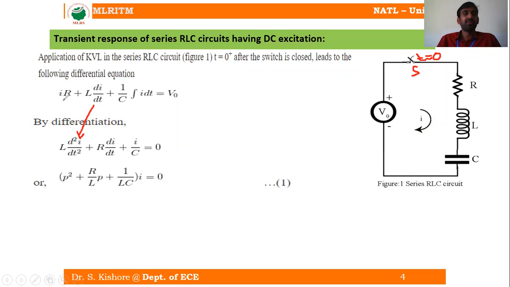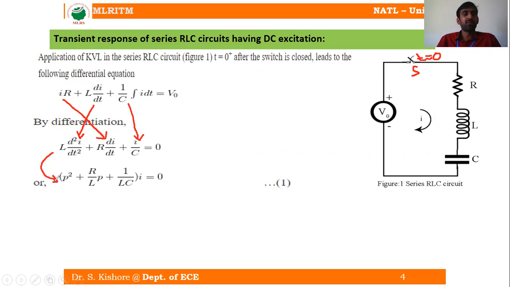Similarly, we have R into I, where R is the constant, so we are going to have R di by dt. Plus, the derivative of the integral of I dt is I, so we have I by C, which is equal to, since the derivative of the voltage source is 0, zero.